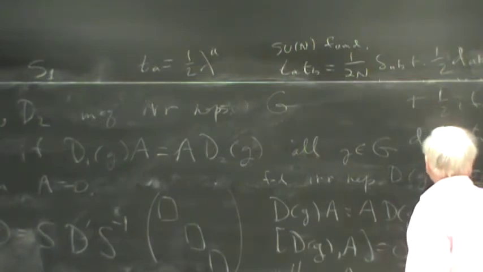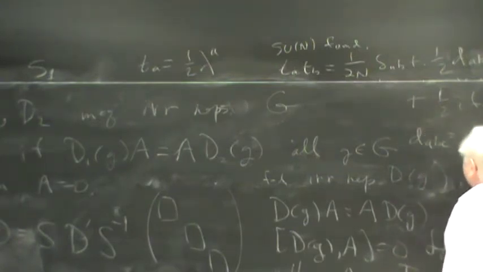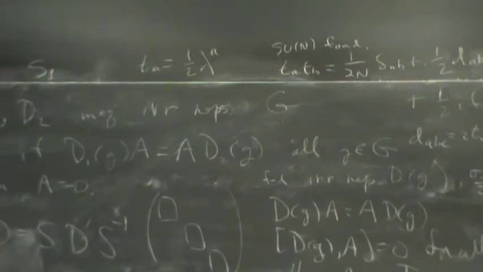Sigma^A over 2 times sigma^B over 2 is delta^AB over 4, because sigma^A squared is 1, plus a half i epsilon^ABC sigma^C over 2.